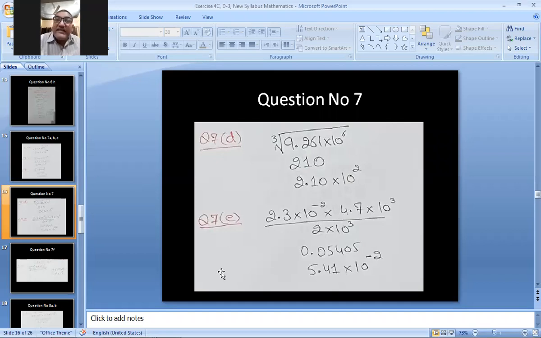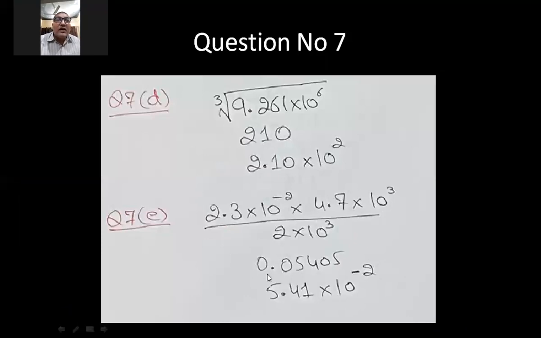You see this decimal, I moved that decimal 1, 2, 3, so it will be 5.41. You have moved 2 decimal places, so 10 to the power minus 2 is left. So that was question number 7, E part.